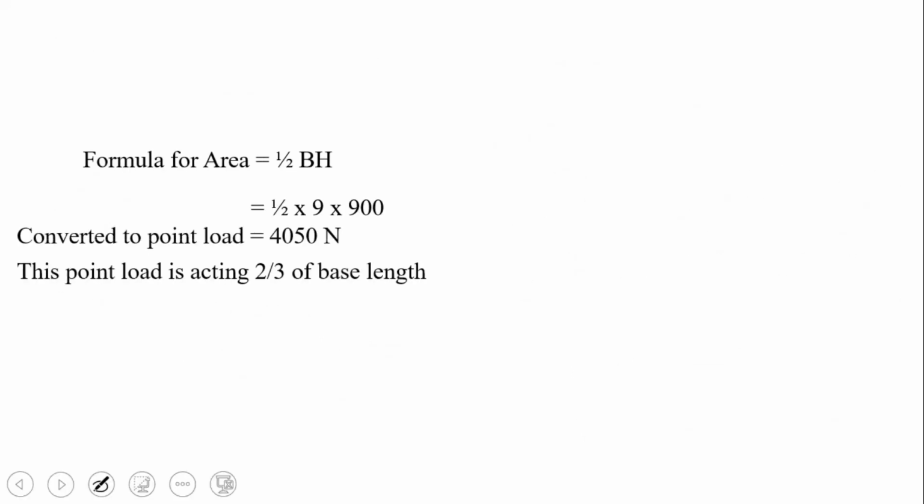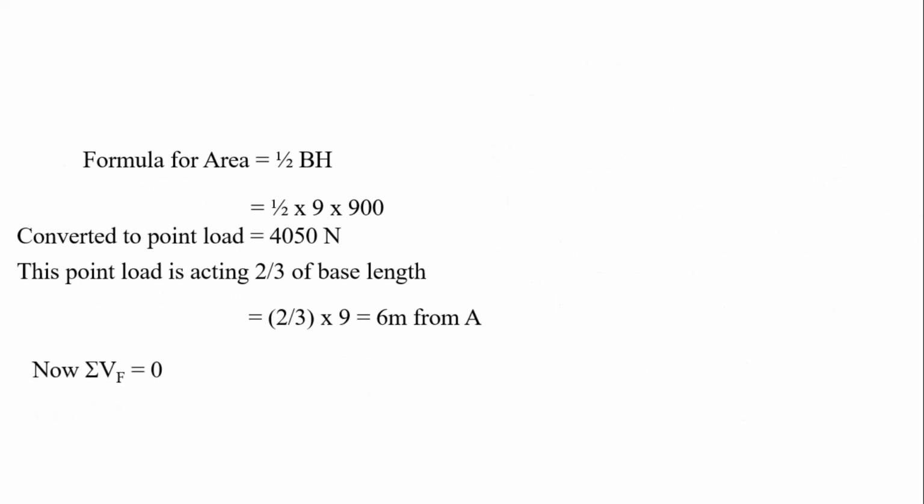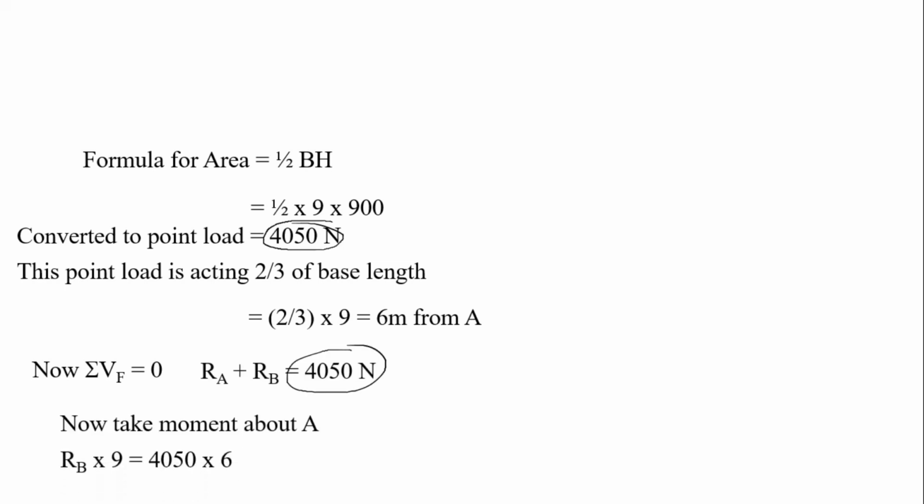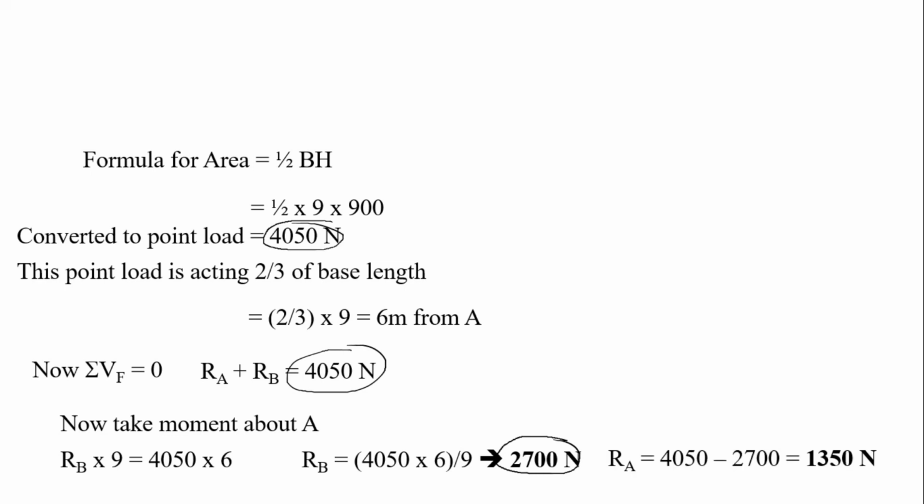So this is the value. So converted to point load, which is equal to 4050, and RA plus RB is equal to 4050, and RB is equal to 2700, and RA is equal to 1350, right? This is how we have to solve the problem.